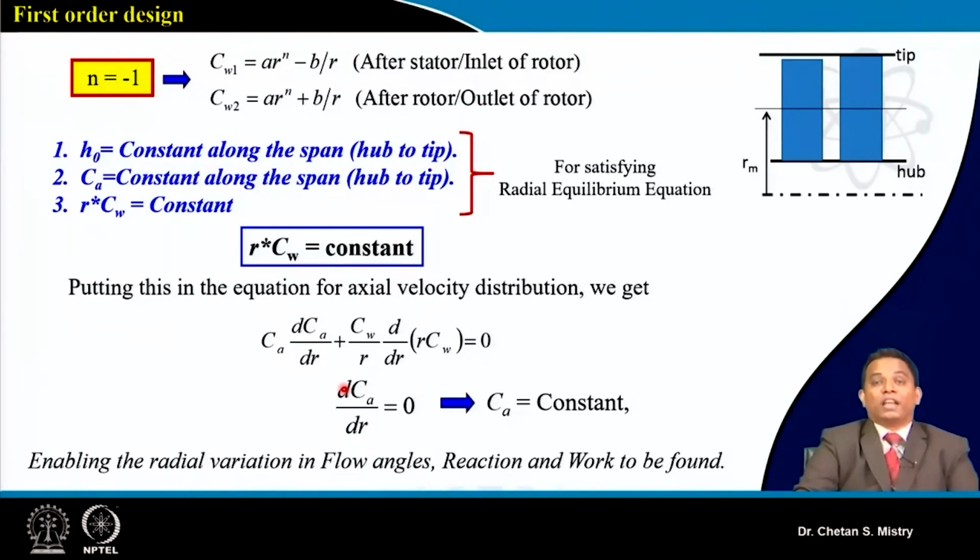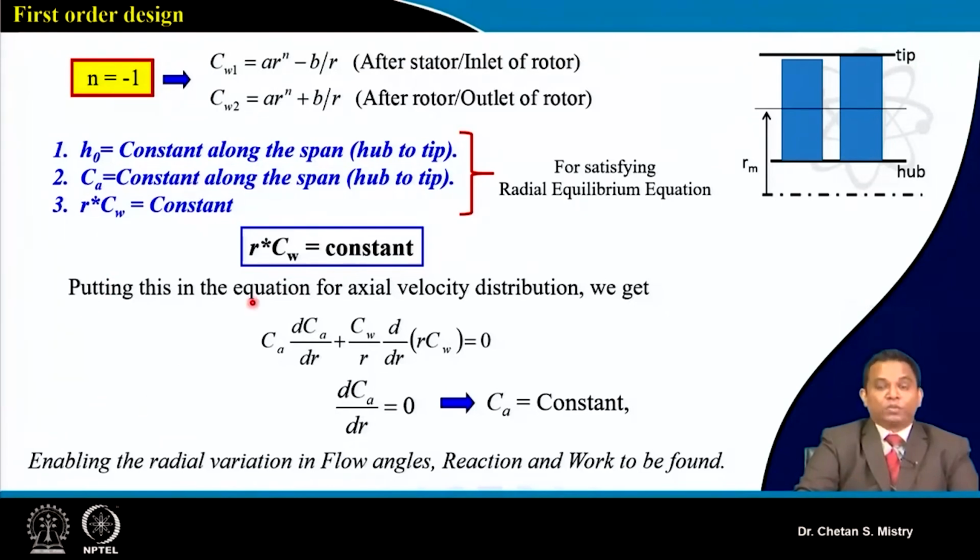Now you can understand, if I take my exponent n equal to -1, that gives me my free vortex design concept, and that satisfies all three conditions we are looking for to satisfy the radial equilibrium equation.